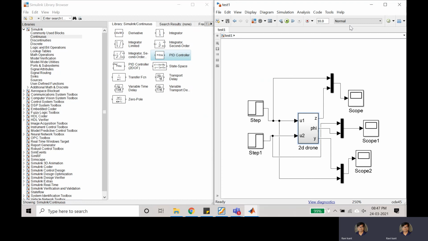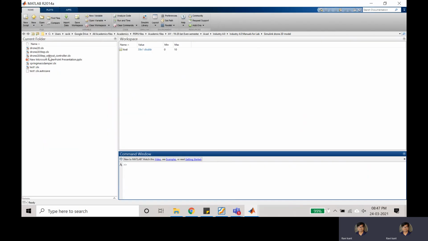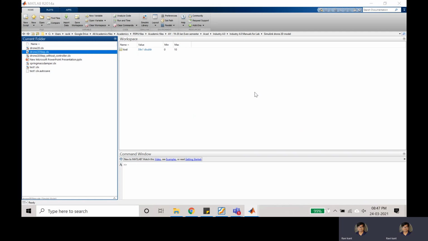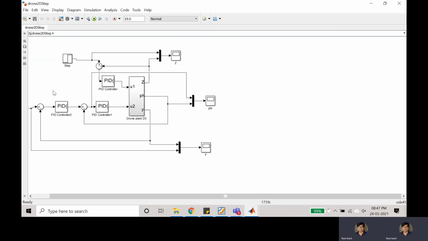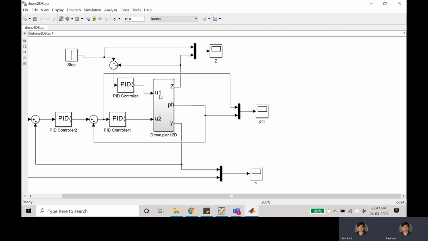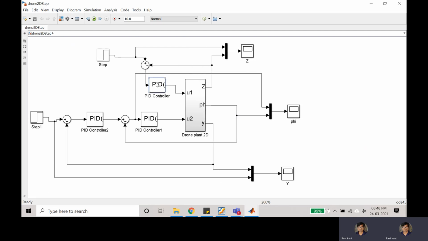So I have already made the plant for you. This is my plant. Let me show that over here. This was our usual plant, but here I have introduced a PID. This PID is taking control to stabilize the system.